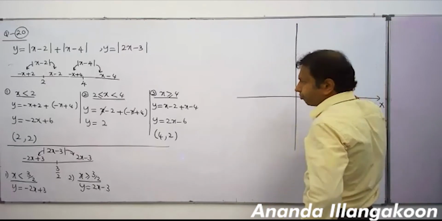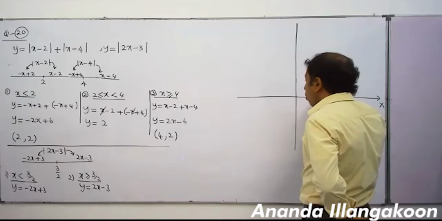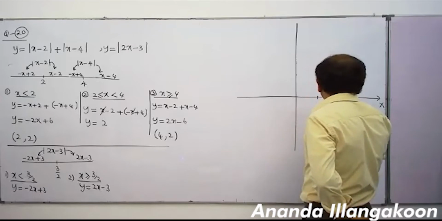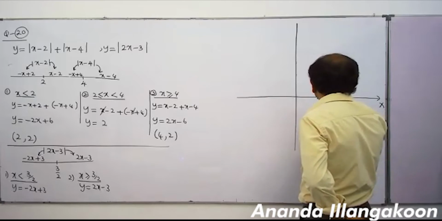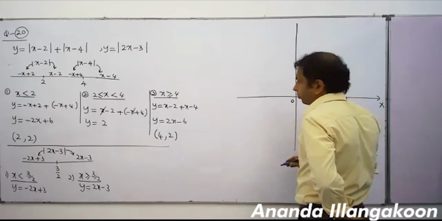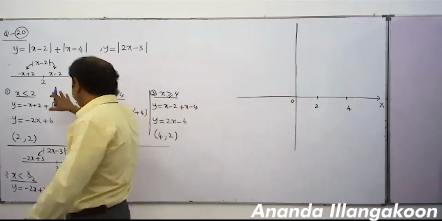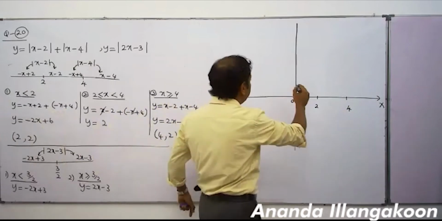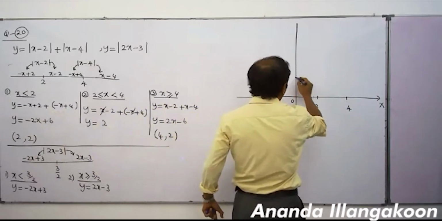Right. 2 is a value. This one, 2, 2. Right. This height is 2. Then the point we need is this.